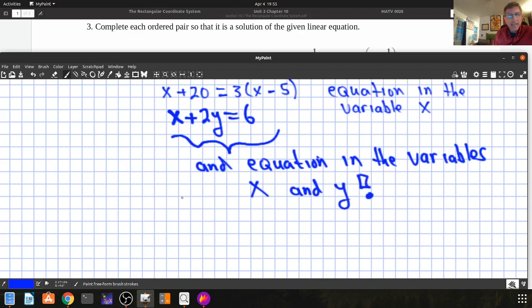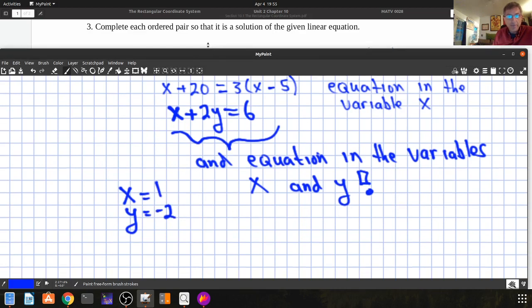Just like any equation, if I am given a certain value of x and another value of y, those values may make this equation true or false. So let's check and see.